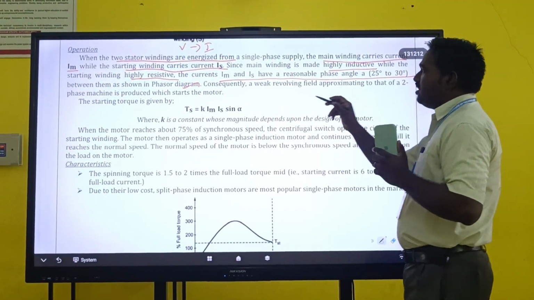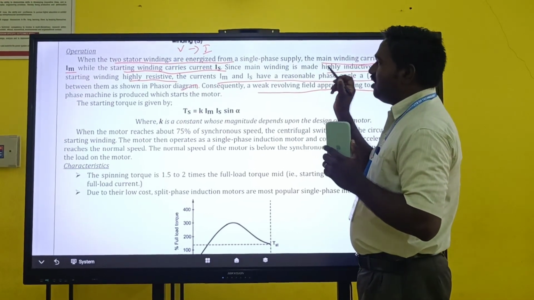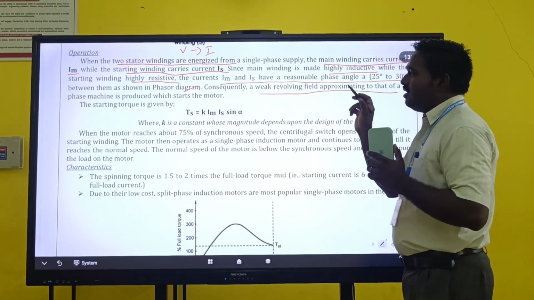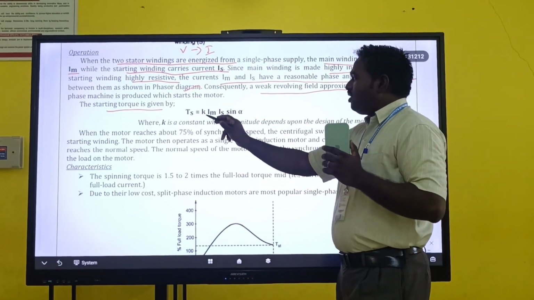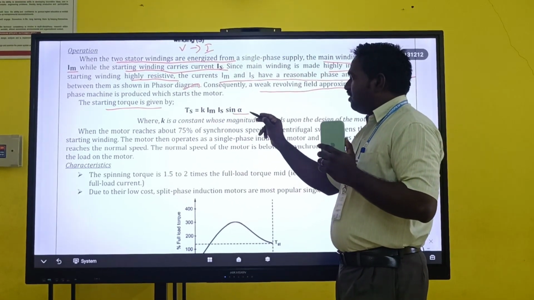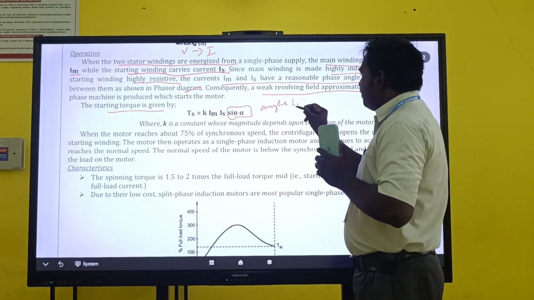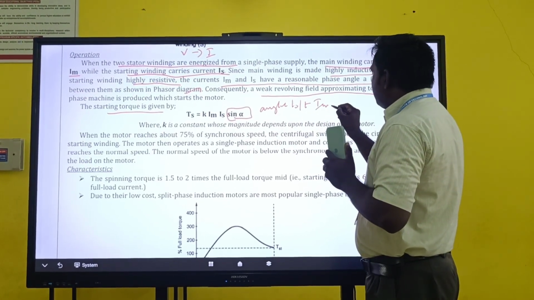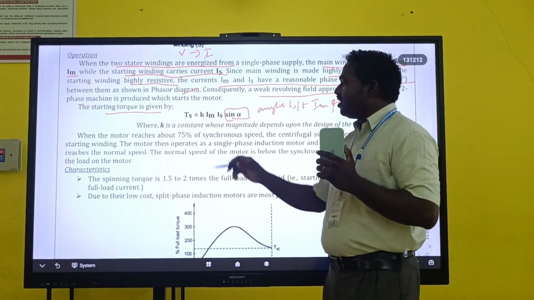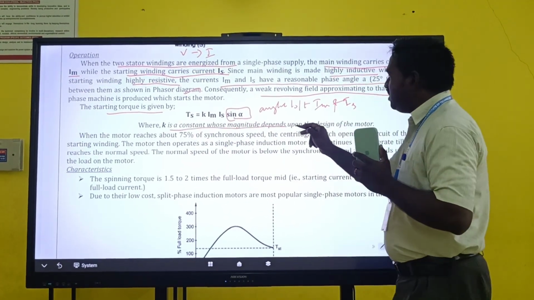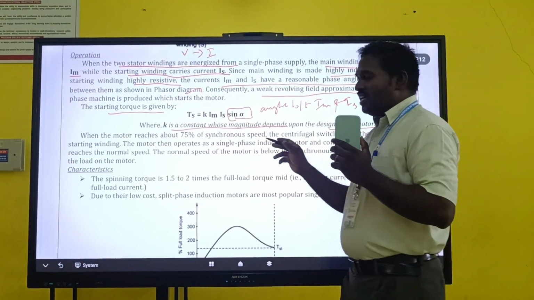Due to this, a weak revolving field is generated between these two phases, and the total starting torque generated here is Ts equal to K into Im, Is and sin alpha. Sin alpha is the angle between Im and Is, and K is the constant which depends upon the design of the motor.